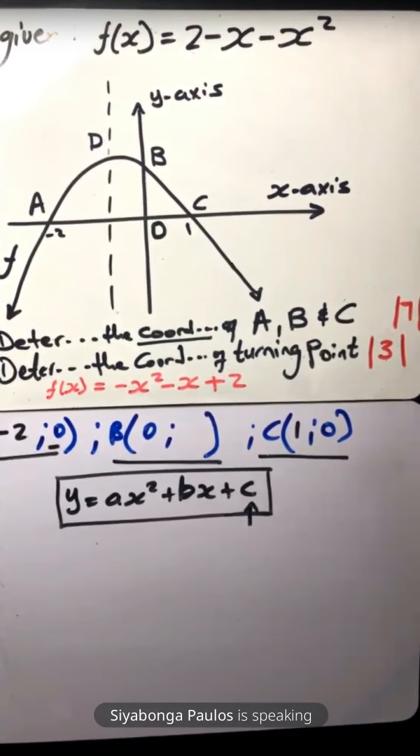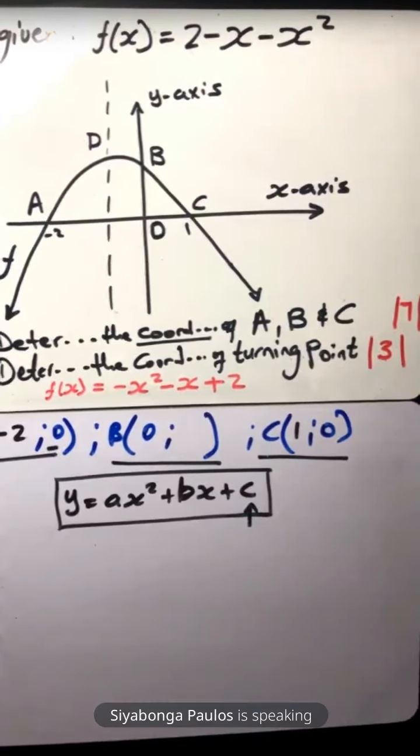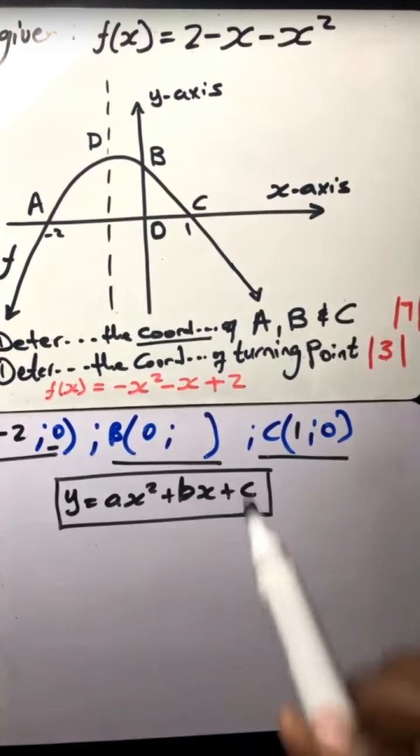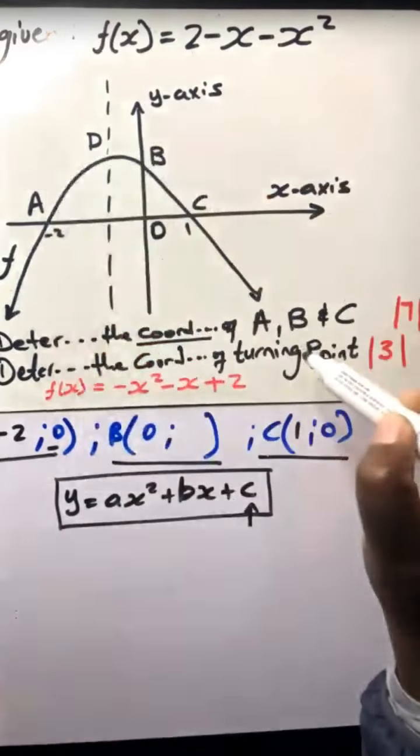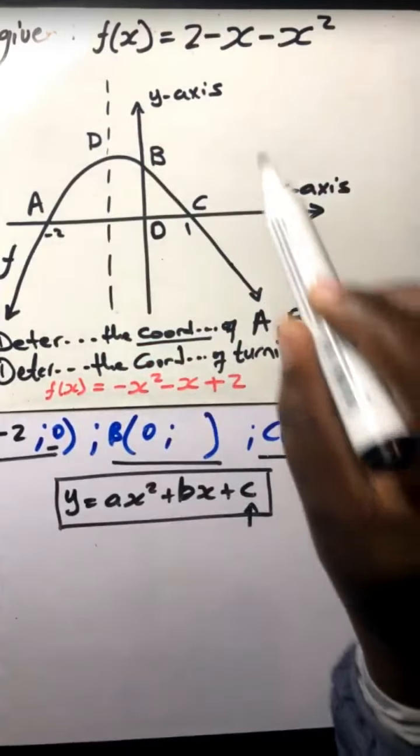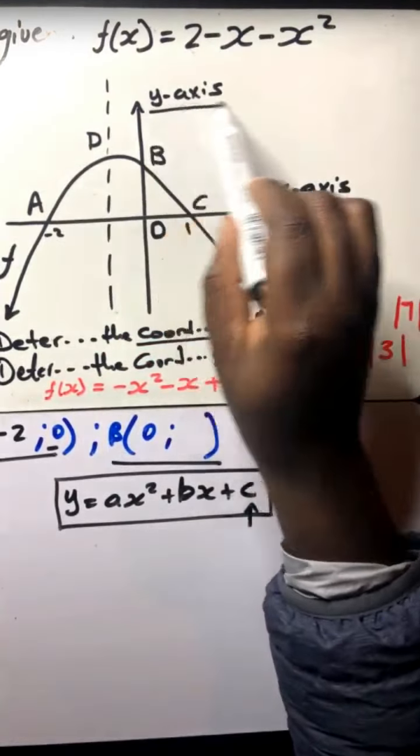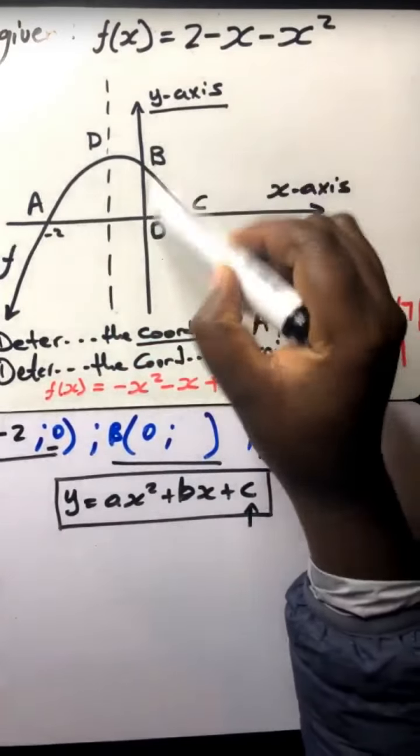Positive, because our graph touches the y-intercept above the origin. 100%. The reason is that our graph cuts or touches the y-axis above the origin.